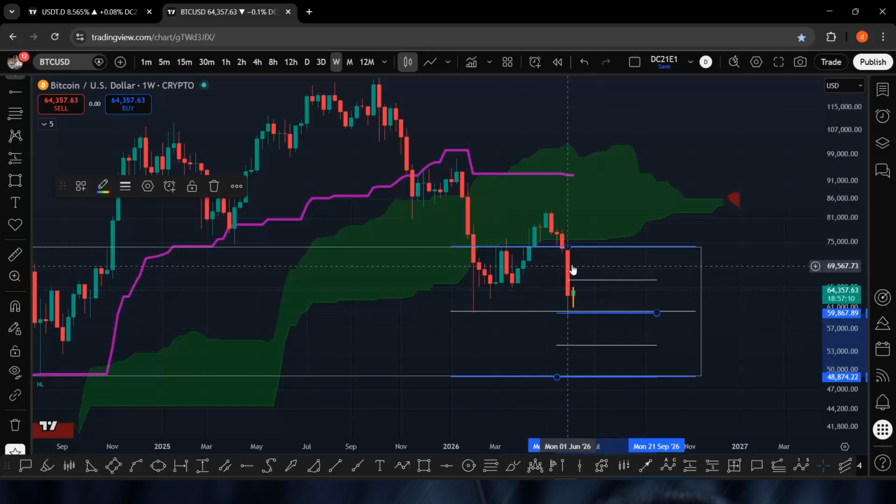Currently, we are sitting on the upper zone, okay? But the potential for going down and testing this zone is really, really high during the next 1 or 2 months, until September, October. I hope that we go down and test these levels because I want to buy more Bitcoin.